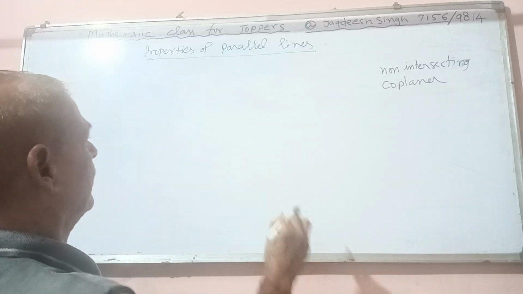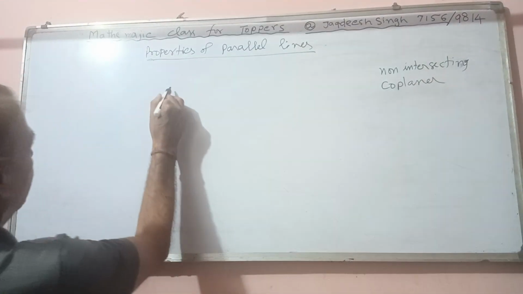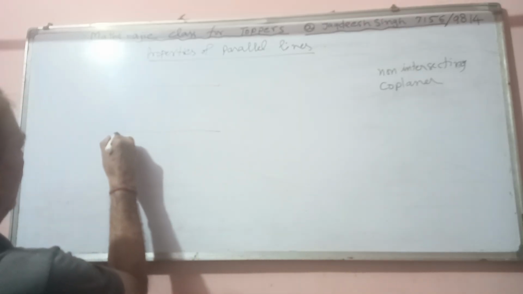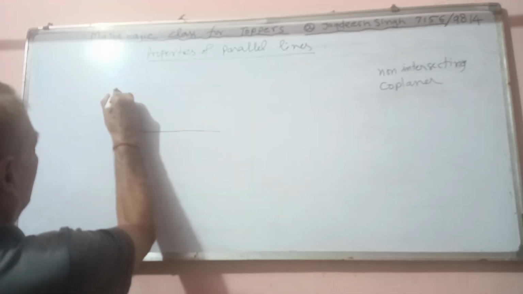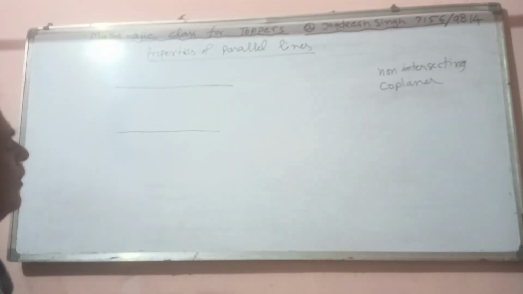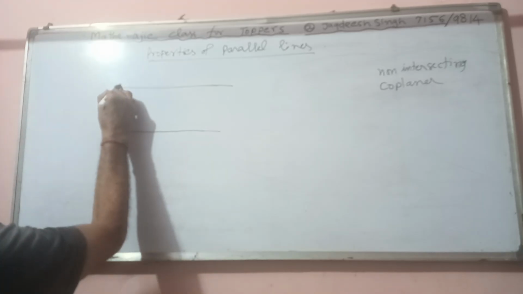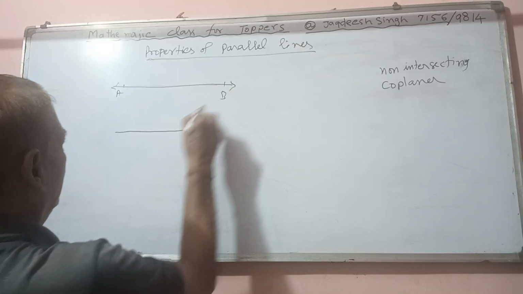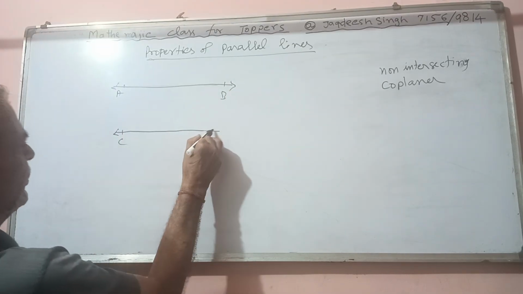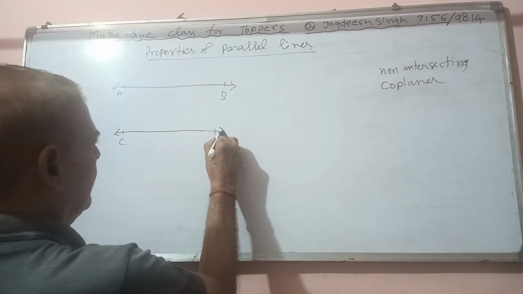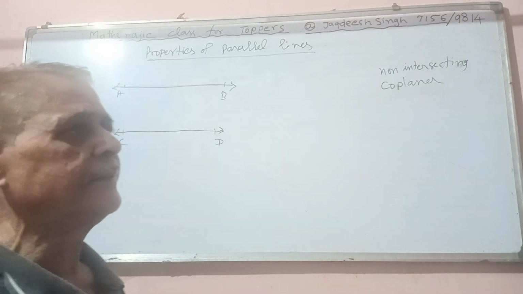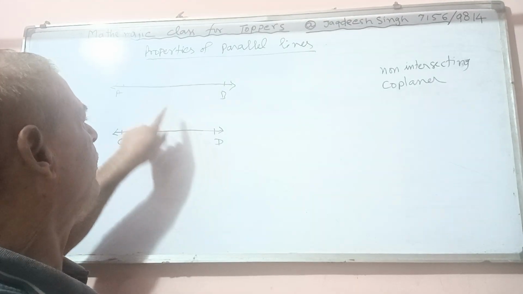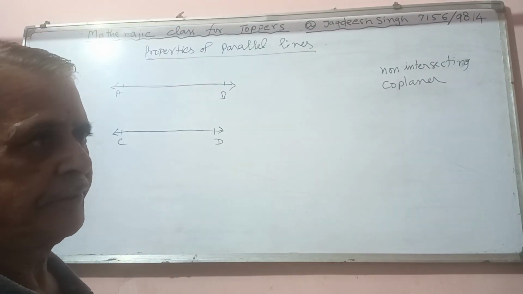Now suppose there are two lines AB and CD. AB and CD are two lines which are coplanar and they are not intersecting each other.